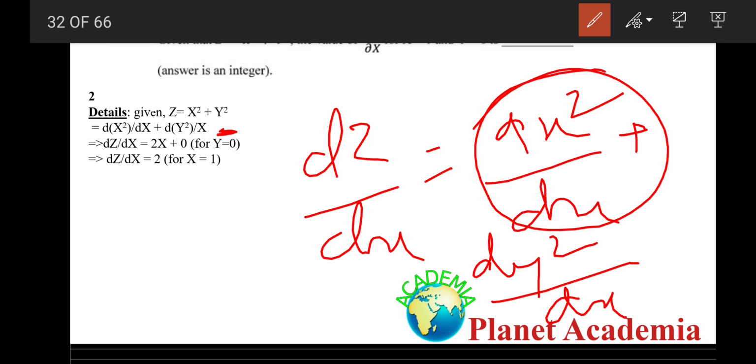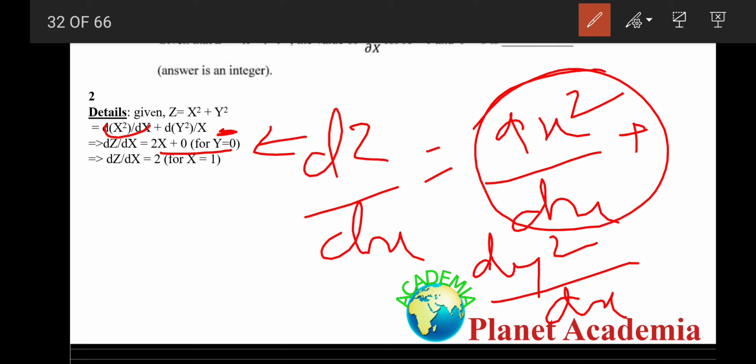So the value of d(x squared) by dx is 2x. And d(y squared) by dx: y is not dependent on x, y is not changing because of the change in x, and also y equals 0, so it is 0.